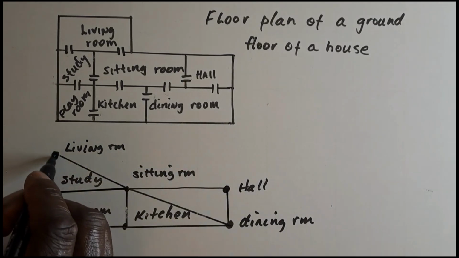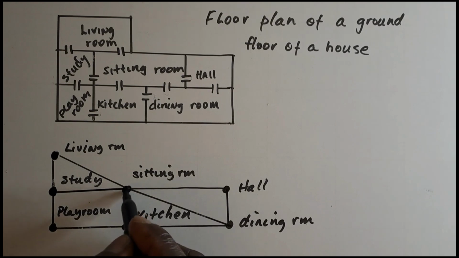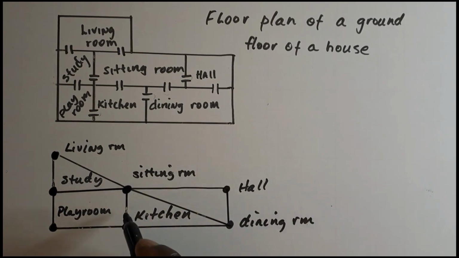Let's just tidy up these vertices, make them prominent. Let's see, we have from the sitting room, we can get to the dining room, the kitchen, the hall, and the study.